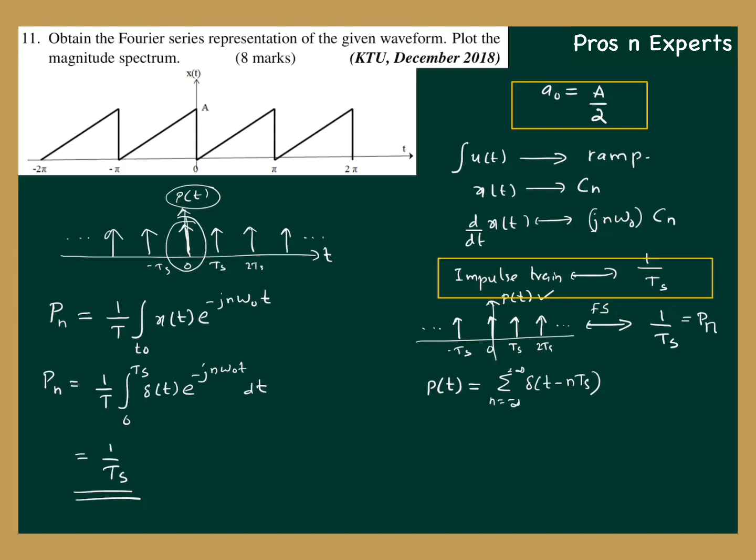So for all n, I'm drawing Pn against n omega 0, this is the frequency domain. For all n omega 0, we will get 1 by T. This is not an impulse, these are discrete amplitudes: 1 by T for 0, omega 0, 2 omega 0, 3 omega 0, etc. What I have done so far is nothing related to the answer, only a result.